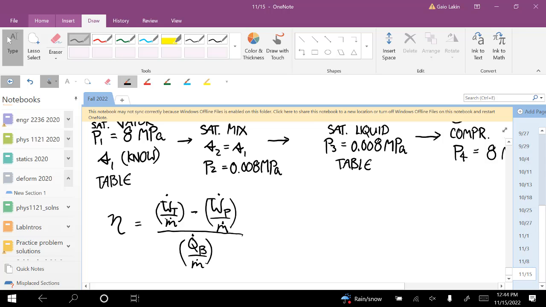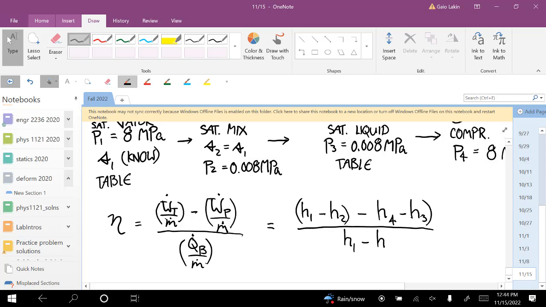So we have the expression: WT, so this is H1 minus H2, minus for the pump H4 minus H3, divided by the heat at the boiler, H1 minus H4.